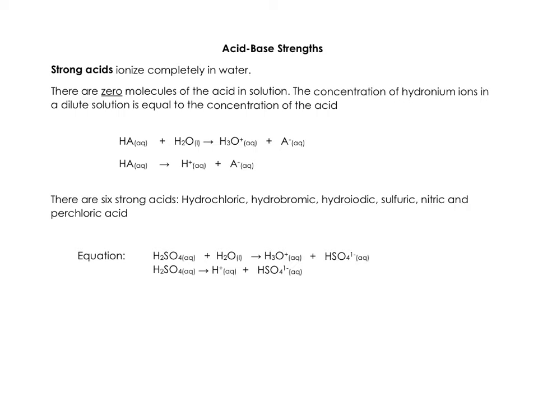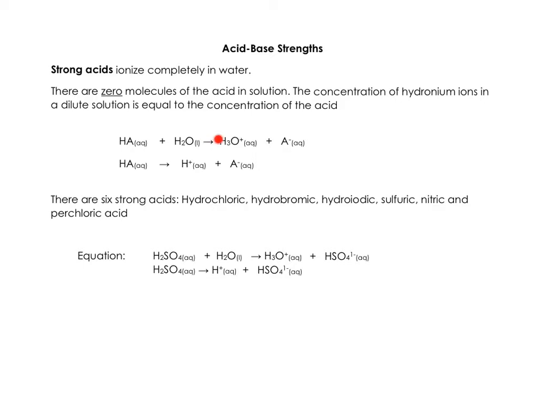I've used HA to represent any acid. So this just means an acid: A for acid, H for the proton that it donates. So the very first reaction here is an example of a formal ionization of a strong acid.